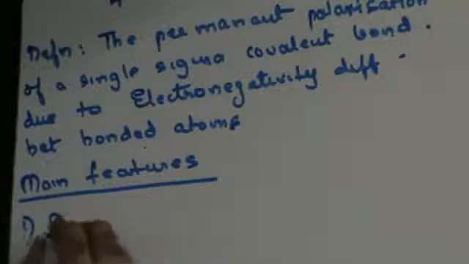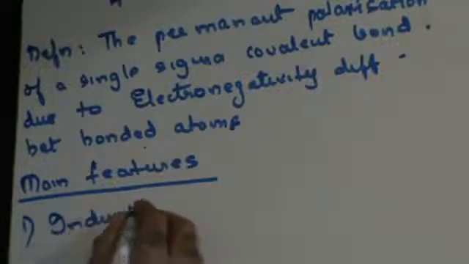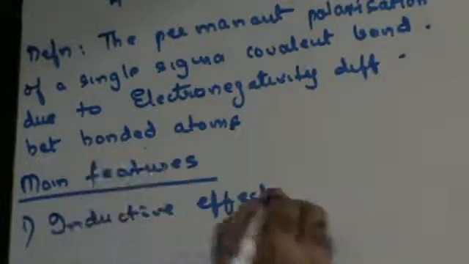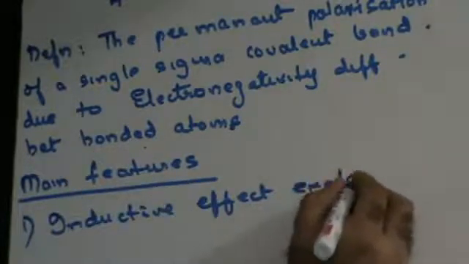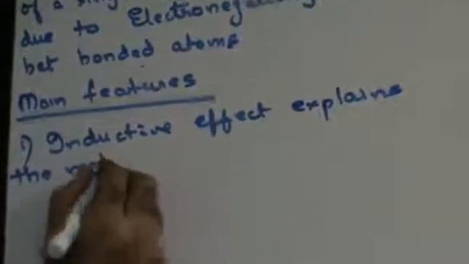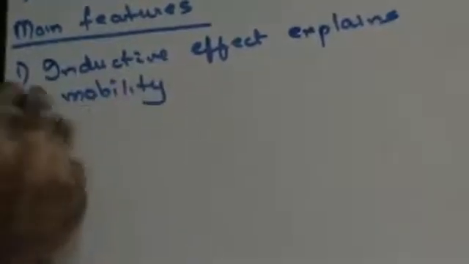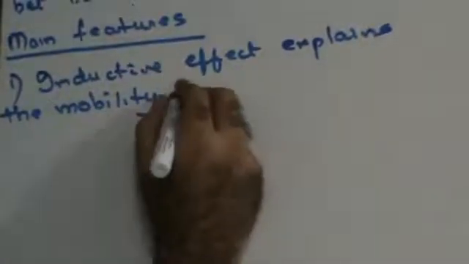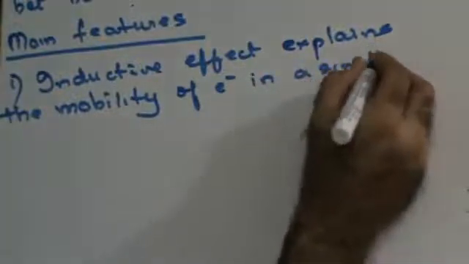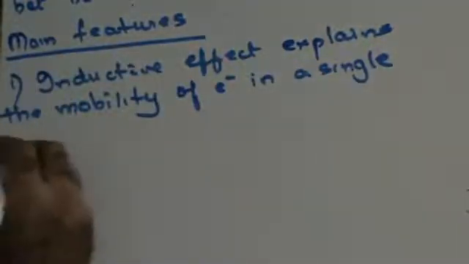So the first feature is that inductive effect explains the mobility of electrons in a single covalent bond.